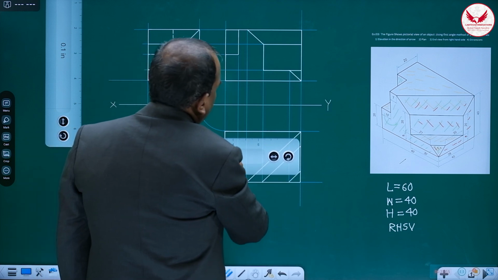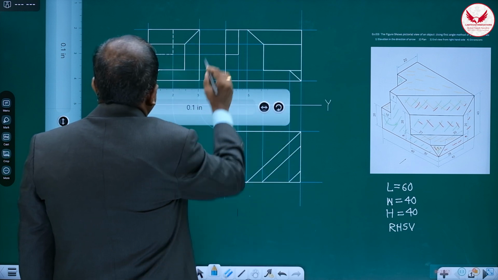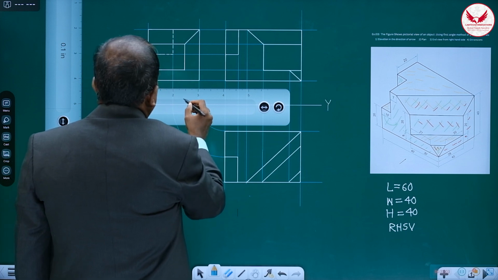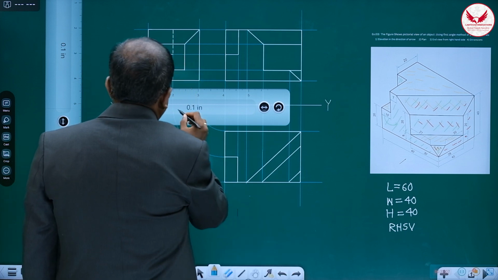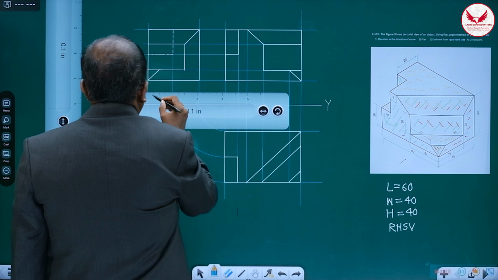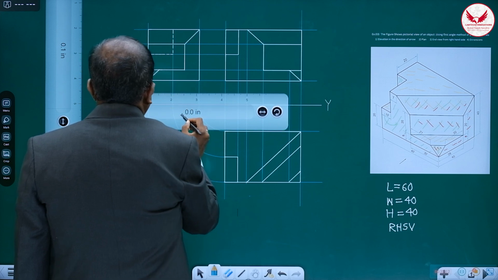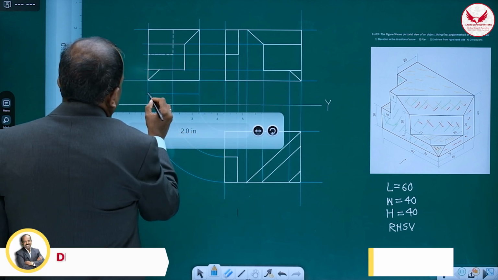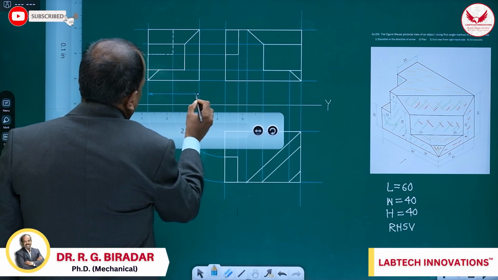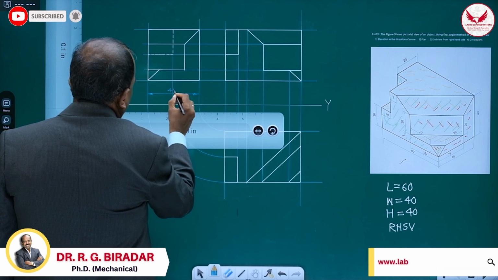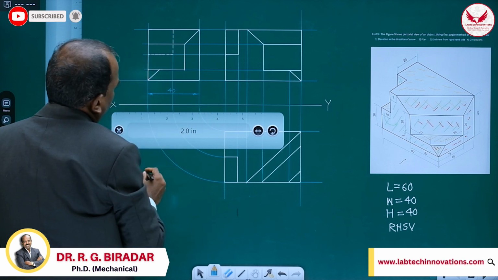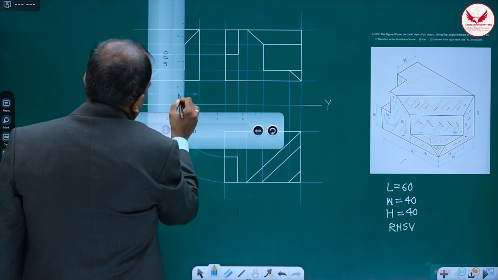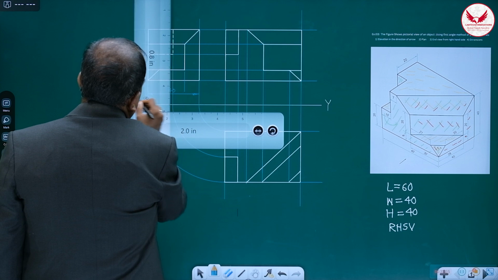So first, in the side view, it is 40. It is 40. Then again, see whatever this distance is there.